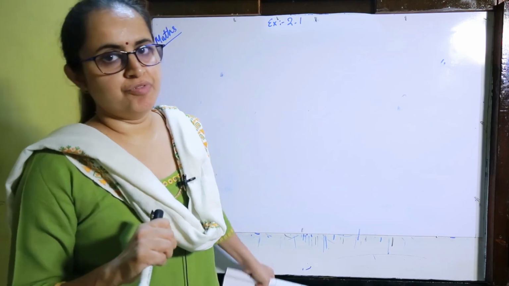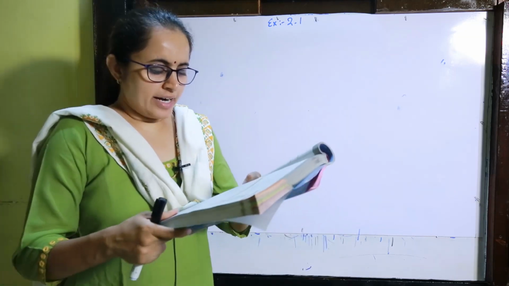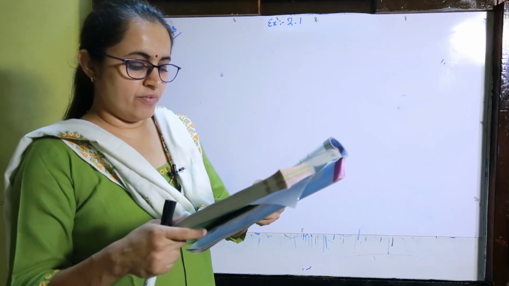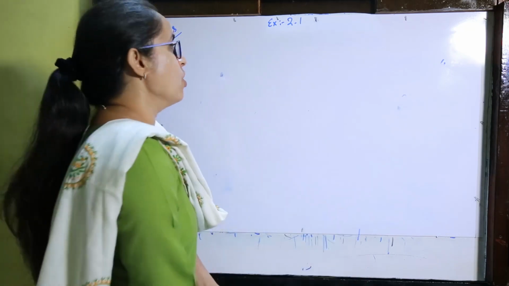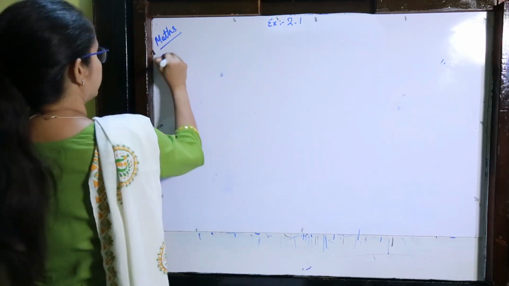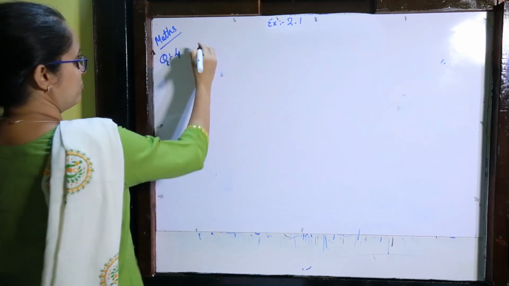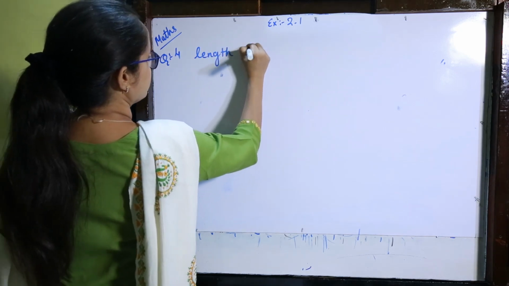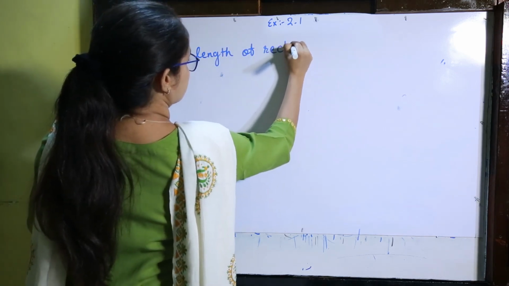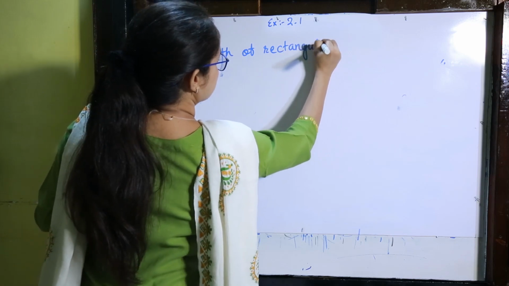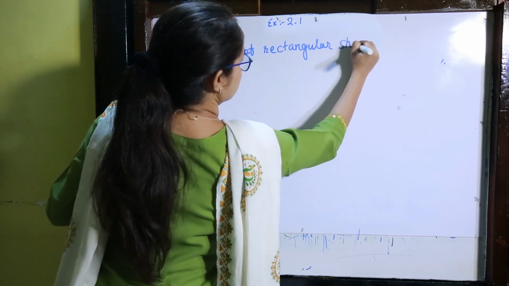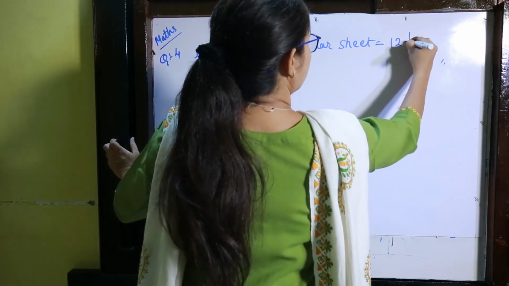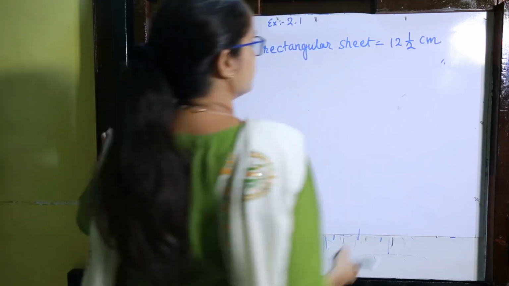So I am reading question 4 for you. A rectangular sheet of paper is 12 1/2 centimeter long. So the length of the rectangular sheet is 12 1/2 centimeter.